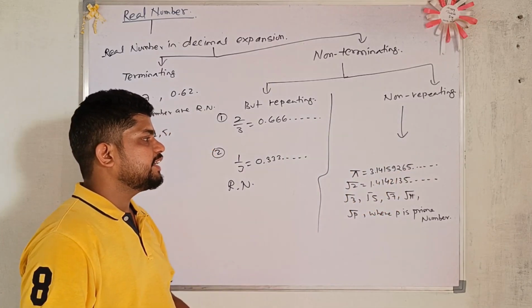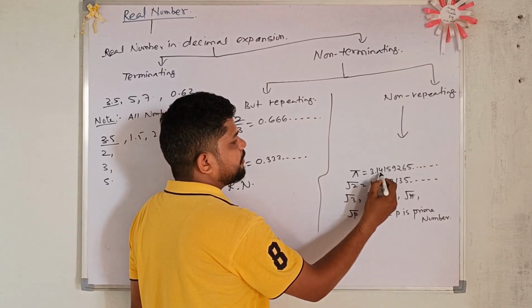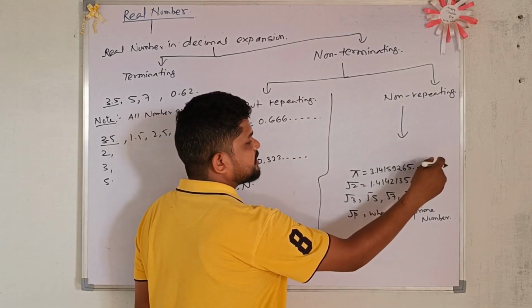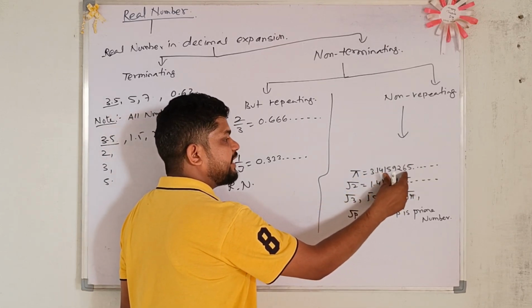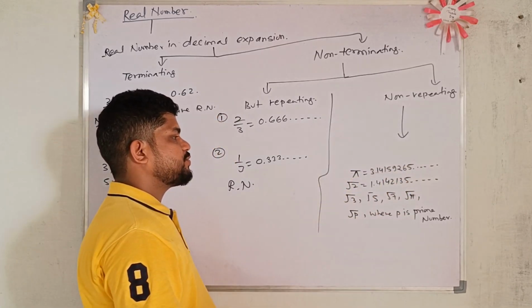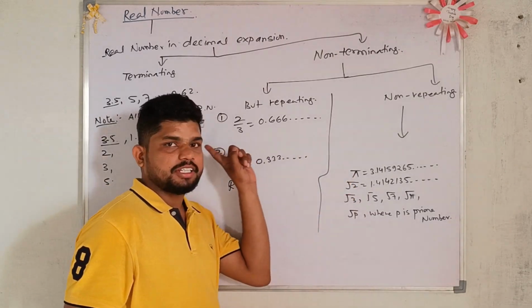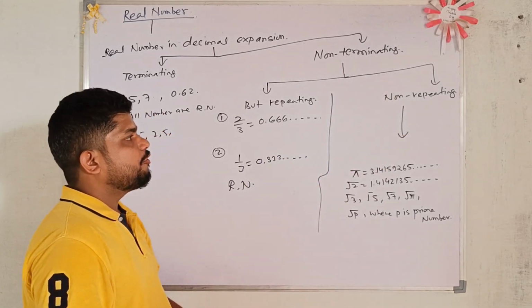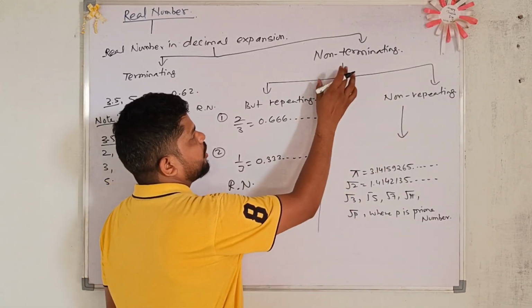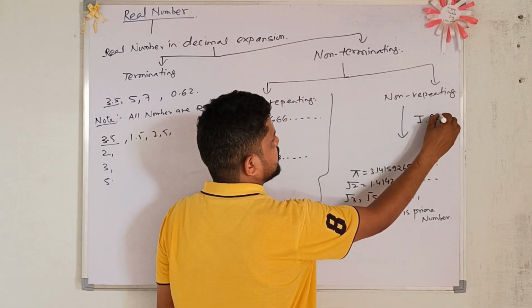Here we can see that the digits of pi after the decimal are continuously, endlessly going, so they are non-repeating and non-terminating. So as I said, pi is a symbol, but the value of pi is an irrational number. Wherever the case arises of non-terminating and non-repeating, they are always irrational numbers.